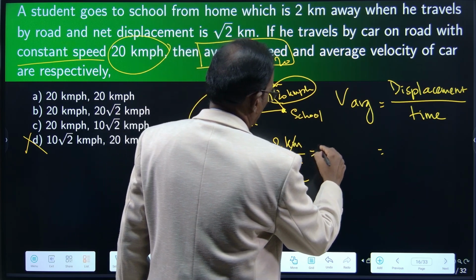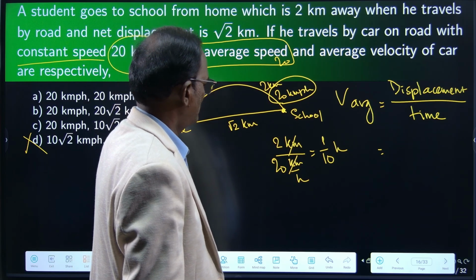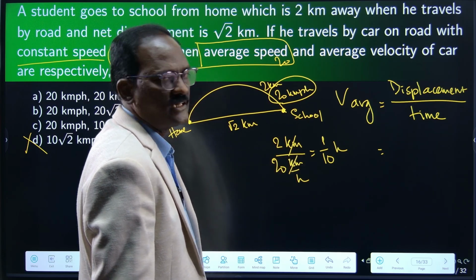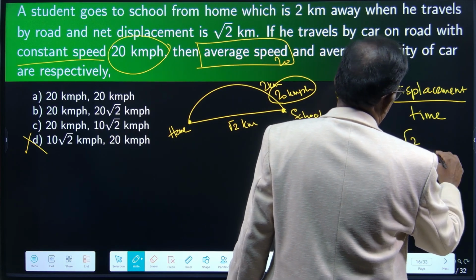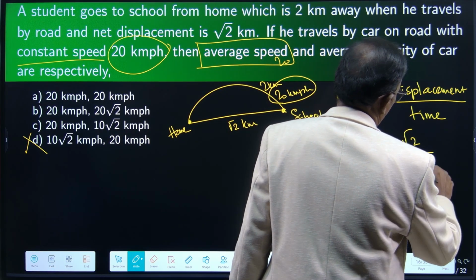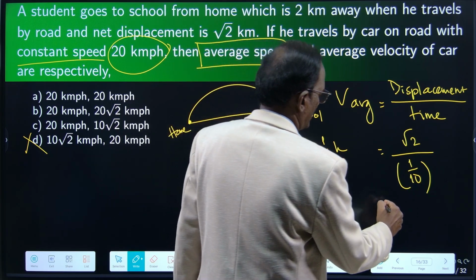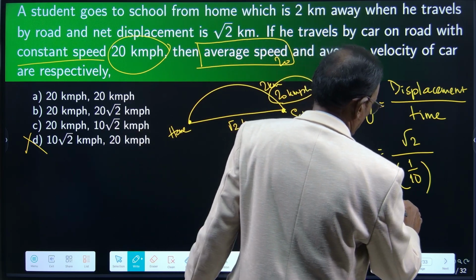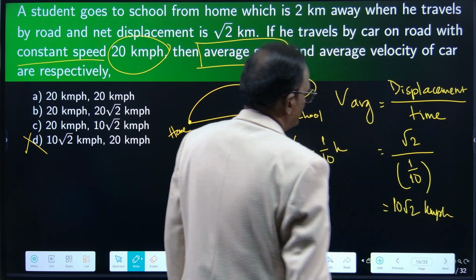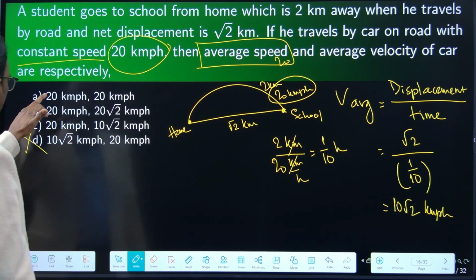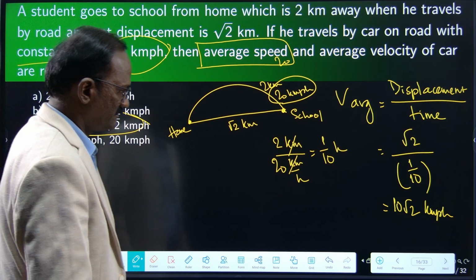Kilometer is cancelled, so this is 1 by 10 hour. This is the time he is taking. Displacement root 2 divided by 1 by 10 hour, so the 10 will go up: 10 into root 2 kilometer per hour. This is the average velocity. Option C will be the correct answer.